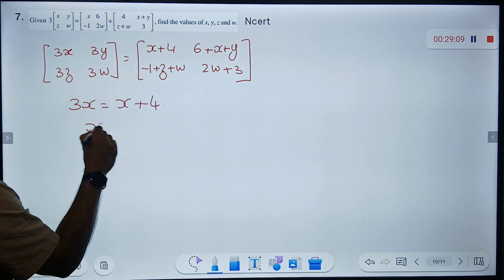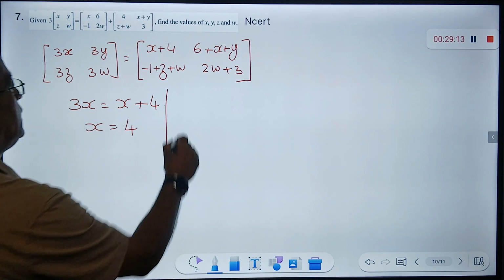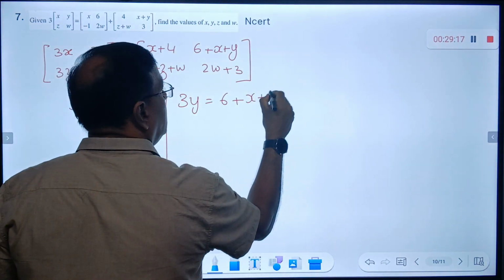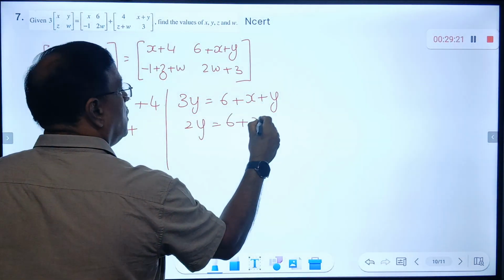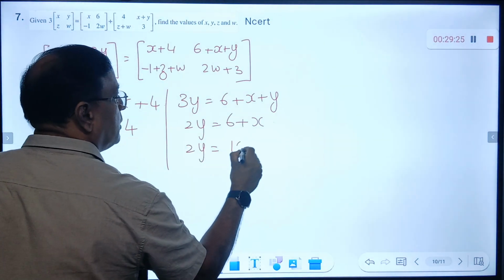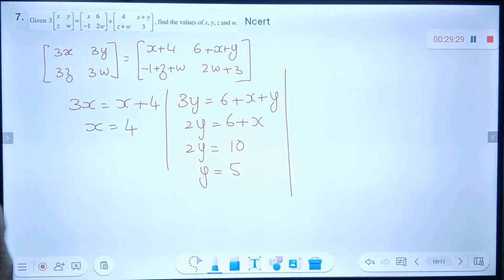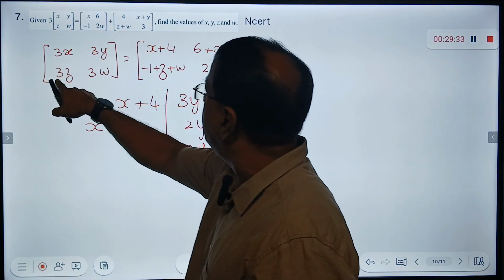So from this you get x is equal to 4. What's the next one? 3y equal to 6 plus x plus y. So from this 2y equal to 6 plus x. Already I have found x, that is 4. So it becomes 10. So what is y equal to? 5. Now finally you have 3z. Here you have z and w.